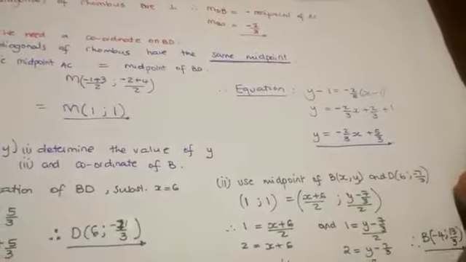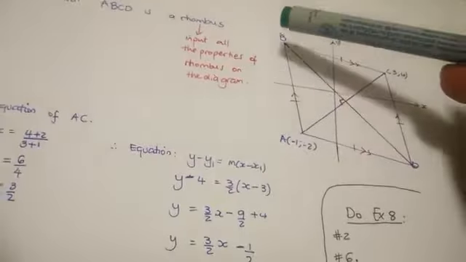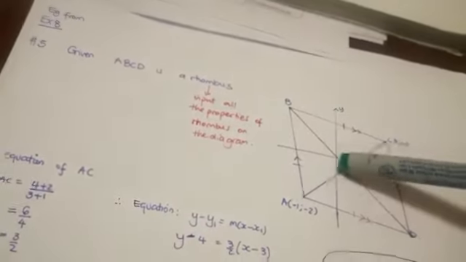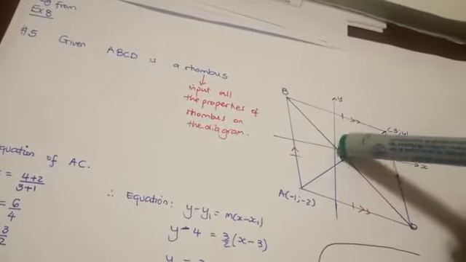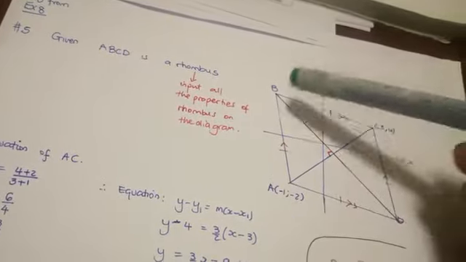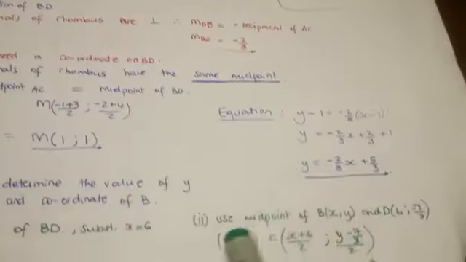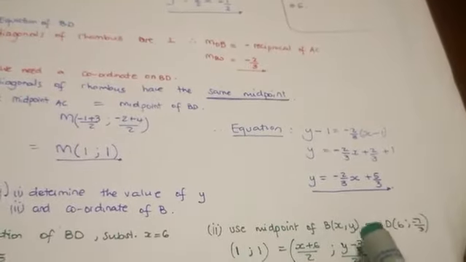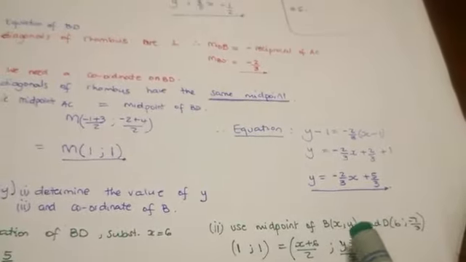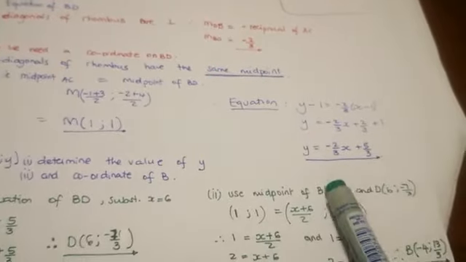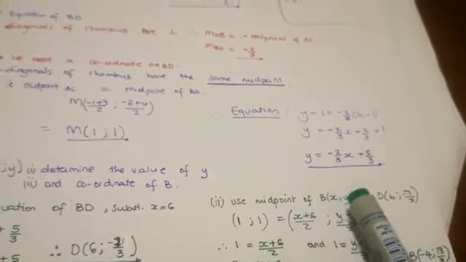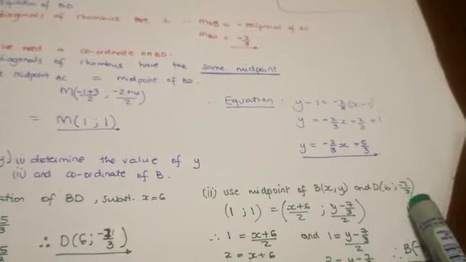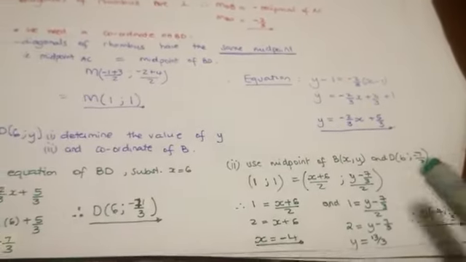And then to find the other coordinate, we work backwards using the point we have and the midpoint that you have calculated. So that's what I did. The midpoint, we calculated it as (1, 1). And then it's a midpoint of BD, so it's going to be x plus 6 over 2, and then y plus negative 7/3 over 2.